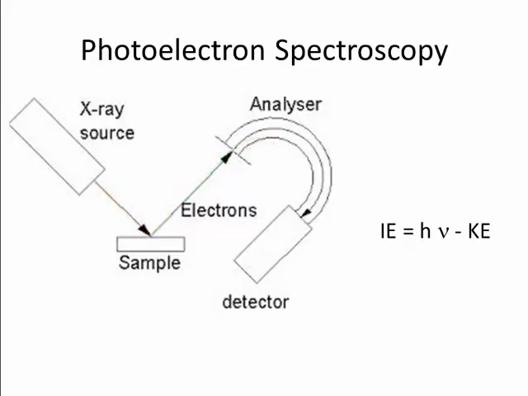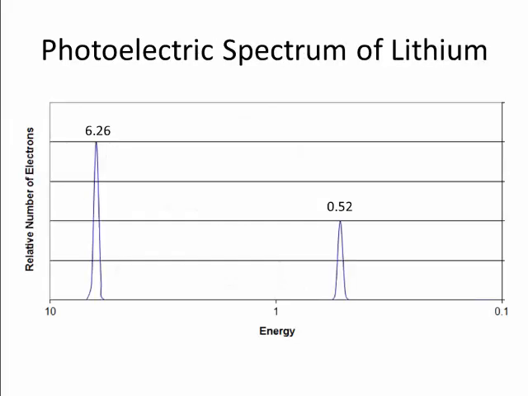So, scientists slowly adjust the charge on the two plates over time to measure the kinetic energy of all the ejected electrons and separate them by their amount of kinetic energy. That data is then graphed to create a photoelectron spectrum, which looks like this for a simple element like lithium.